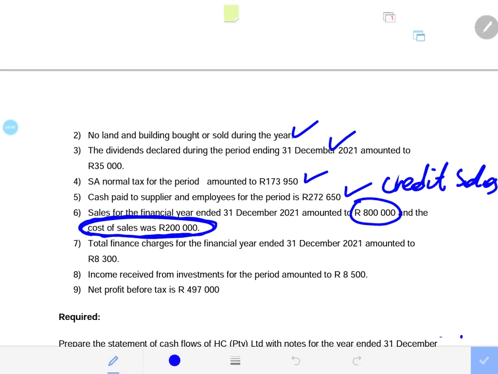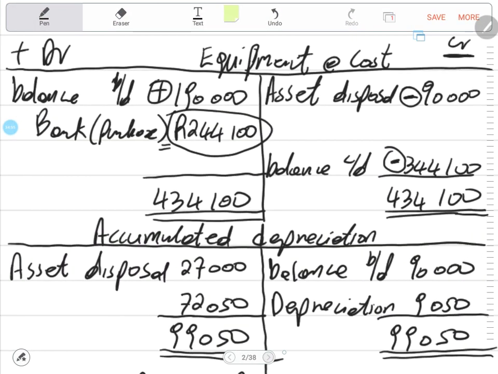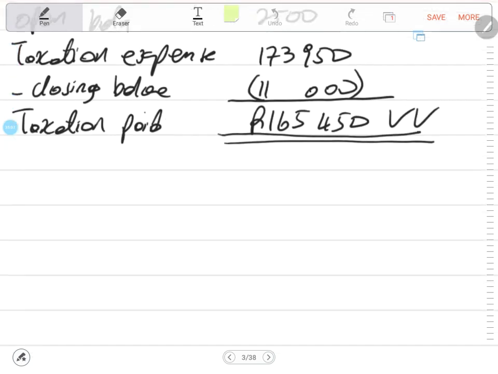I hope you are being reminded of all of that. Therefore, now we do have our sales which are on credit. So what do we need to do when we do the notes? Opening balance of debtors plus sales minus closing balance. Very easy.